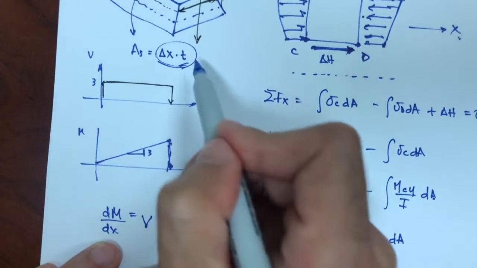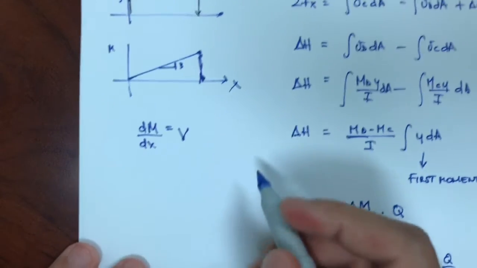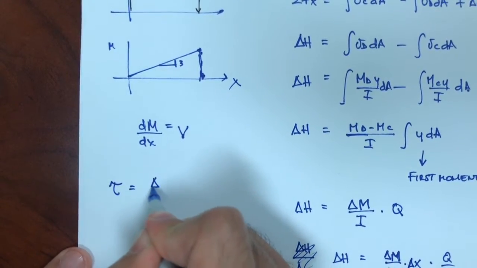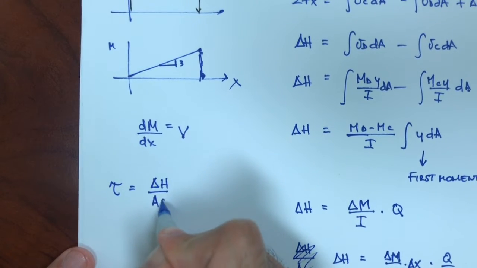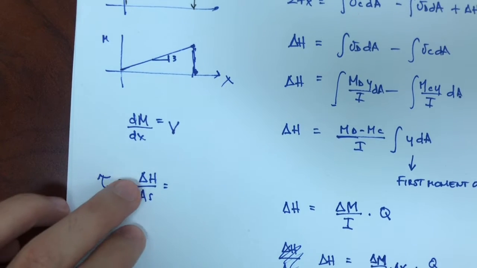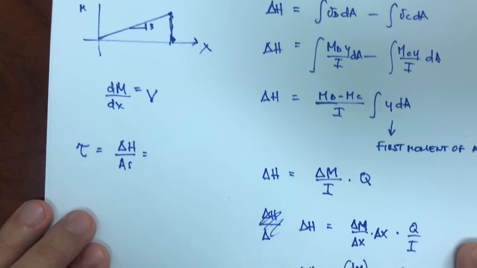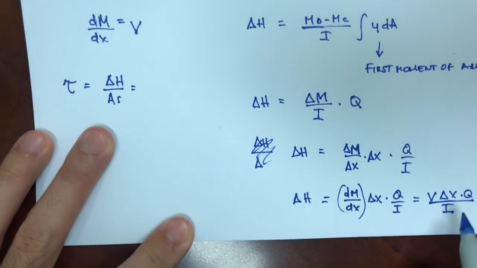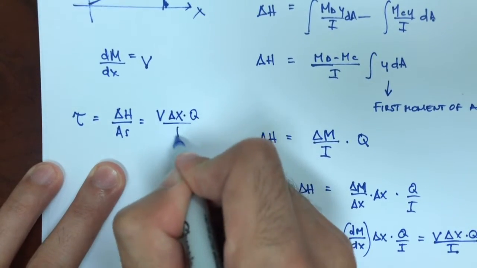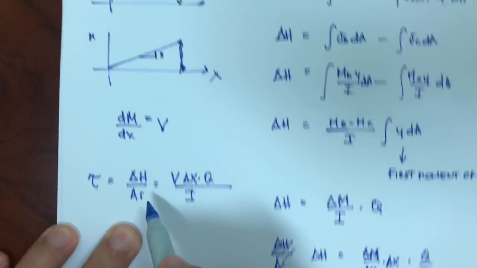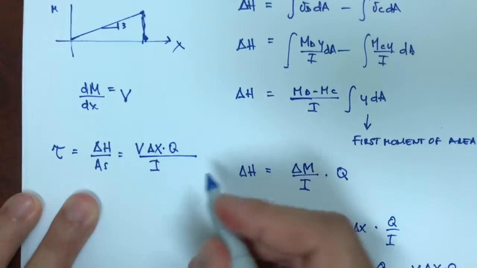Okay, so I'm going to use that area because I know that my shearing is that force delta H that I just found over that shaded area. This load over area would give me the shearing stress. My delta H is this value here, V delta x times Q over I, and my shaded area is delta x times t.